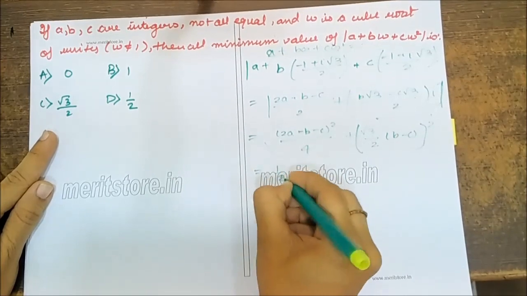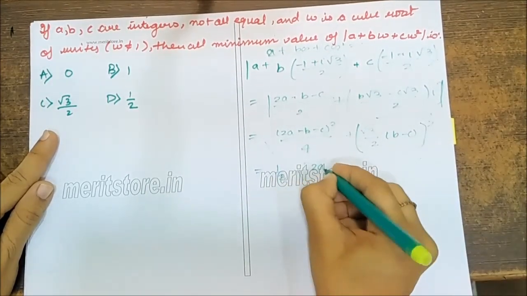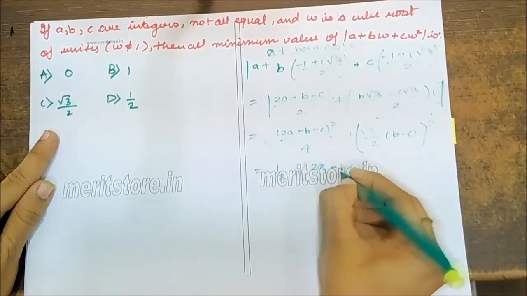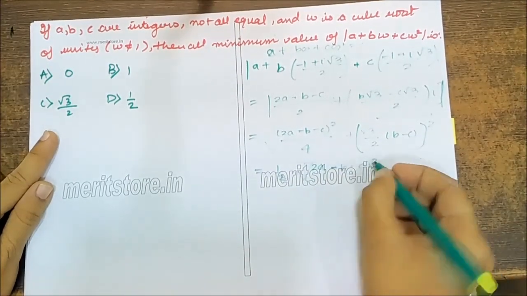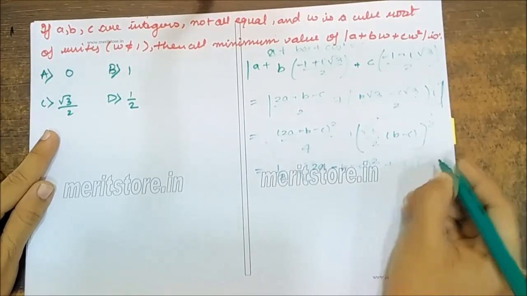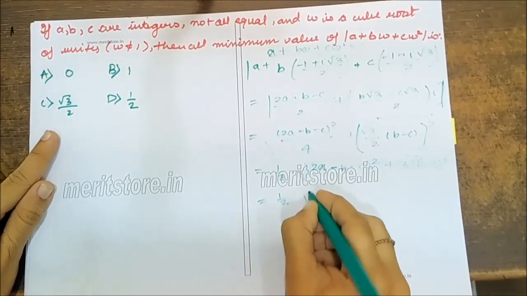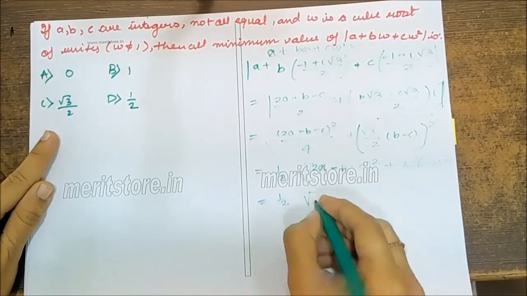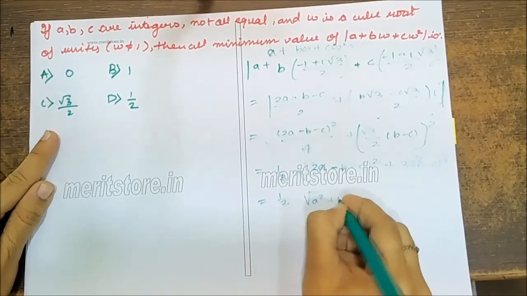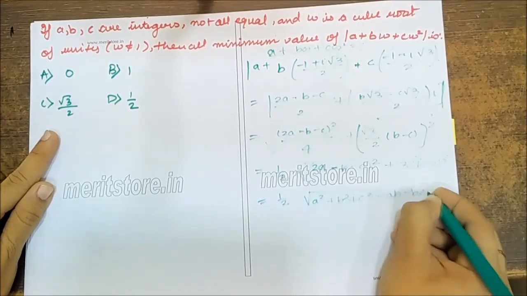Therefore, half the root of (2a − b − c)² + 3(b − c)². Solving the equation, you get half the root of a² + b² + c² − ab − bc − ca.